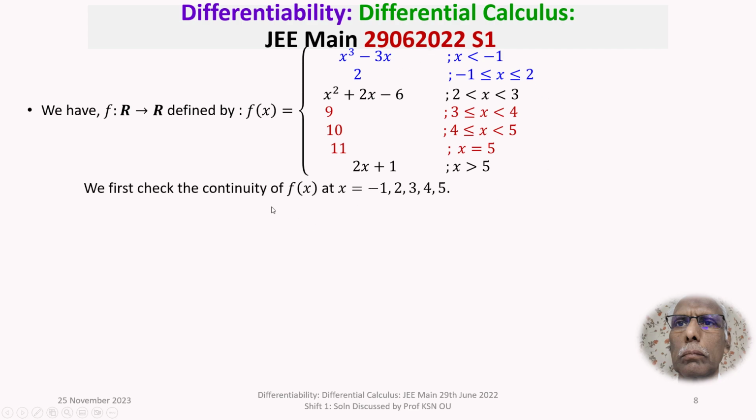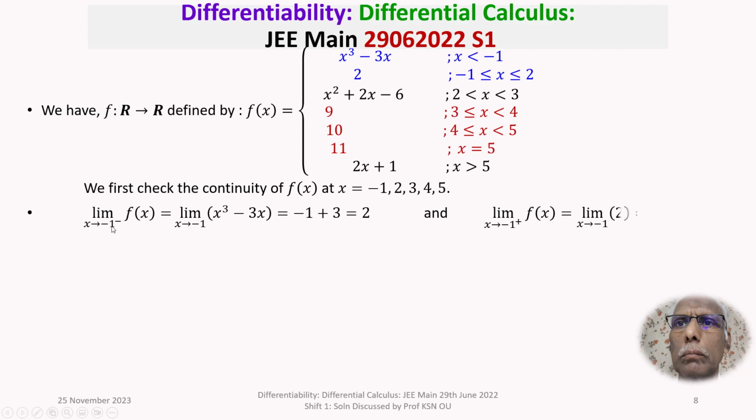So we'll now check the continuity of f of x at x equal to minus 1, 2, 3, 4, 5. Here we are computing the left hand limit of f of x at minus 1. So x is moving to minus 1 from the left, and the function is x cube minus 3x.